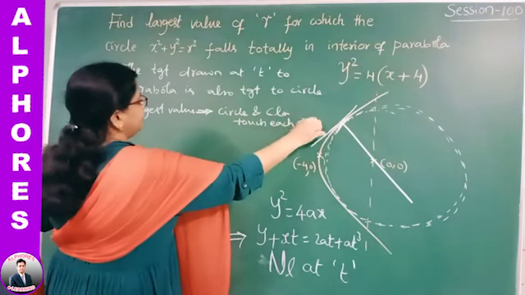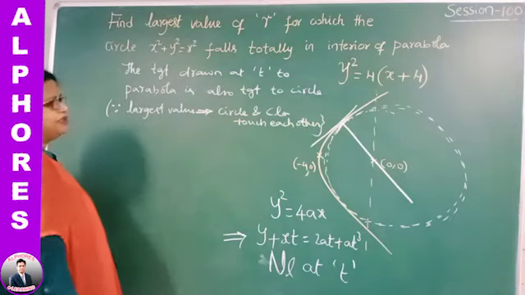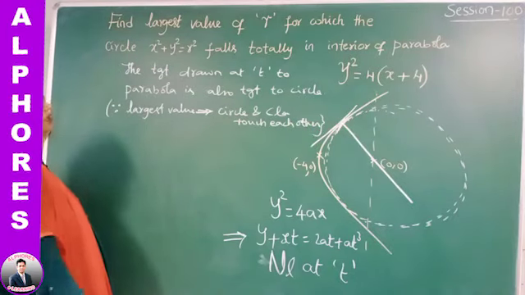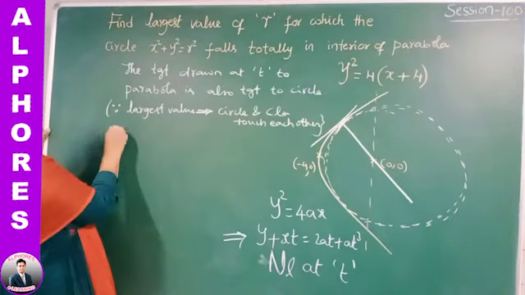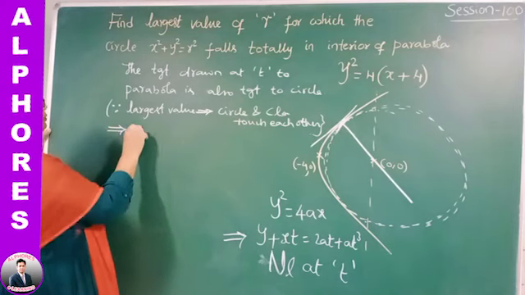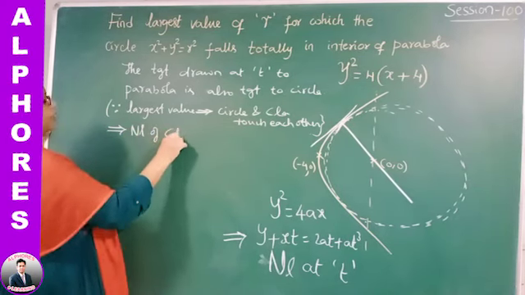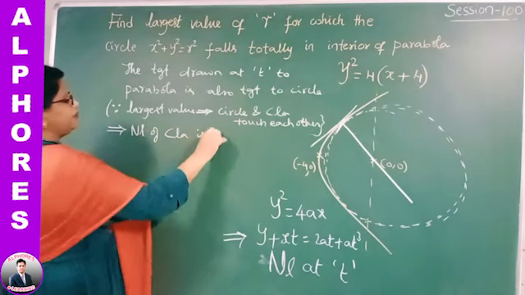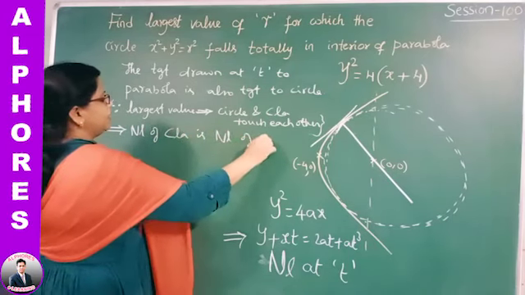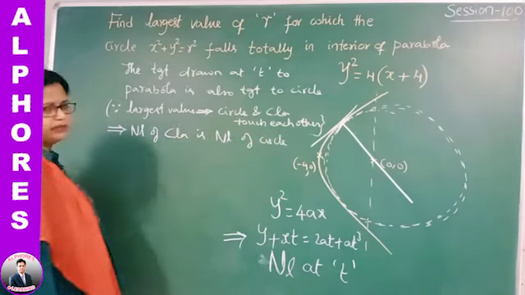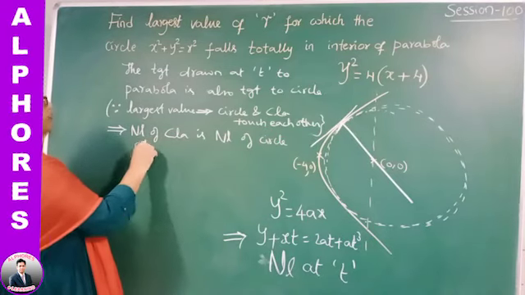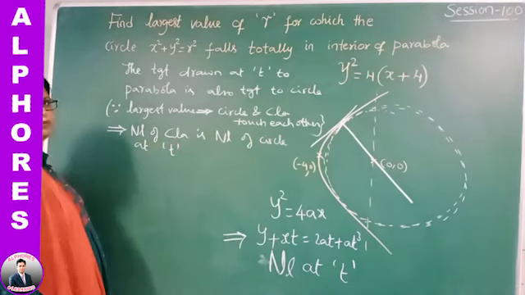Therefore we are taking this case here, and once you got this case, then what is our normal equation? That implies the normal of the parabola is the normal of the circle at that particular point t.